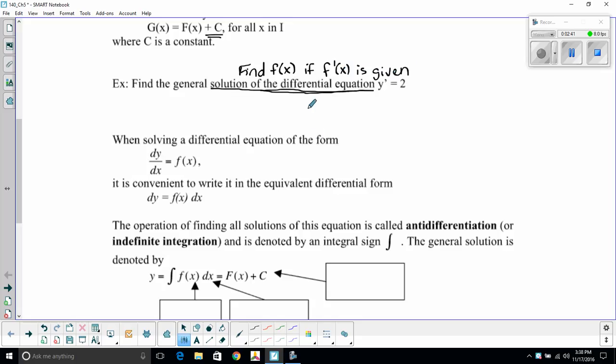In other words, I just want to know what y is. Well, y would just be 2x, and then don't forget plus c. That is the general solution.